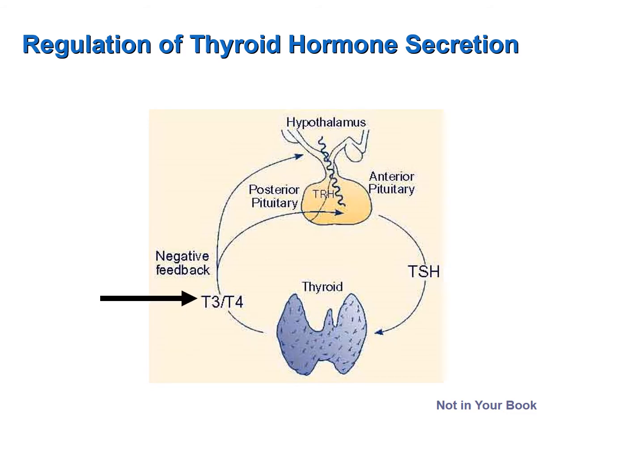As T3 and T4 levels in the blood rise, they inhibit the further release of thyrotropin releasing hormone by the hypothalamus, and they also directly inhibit further release of thyroid stimulating hormone by the anterior pituitary gland.